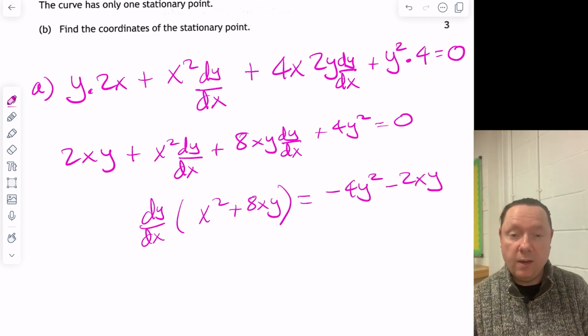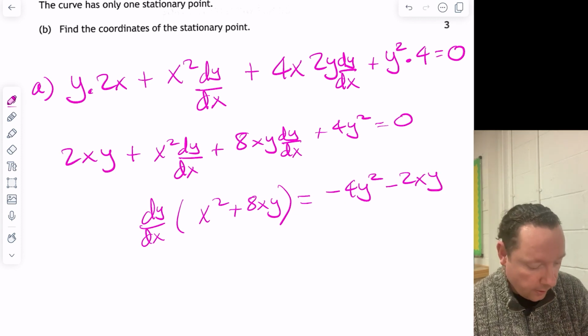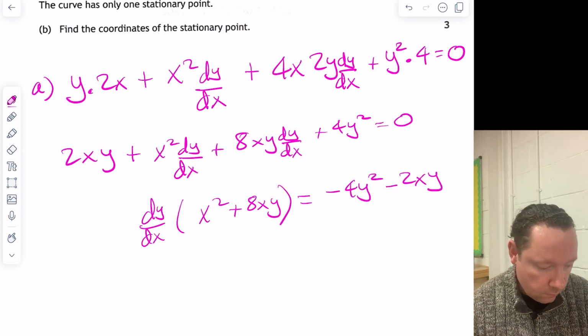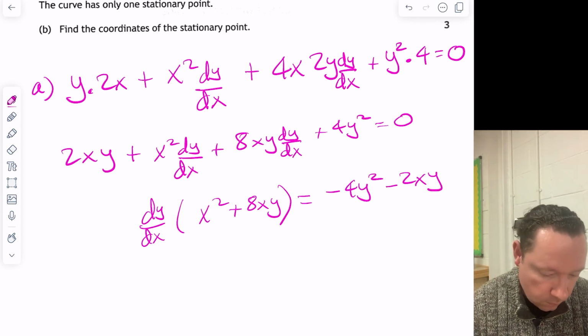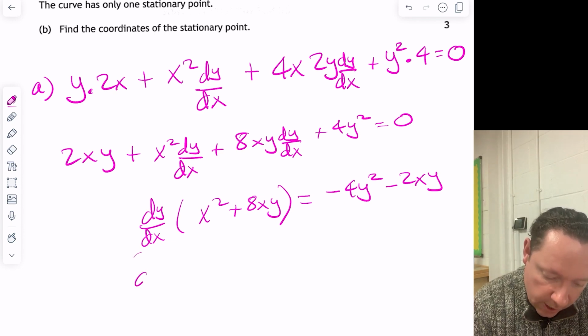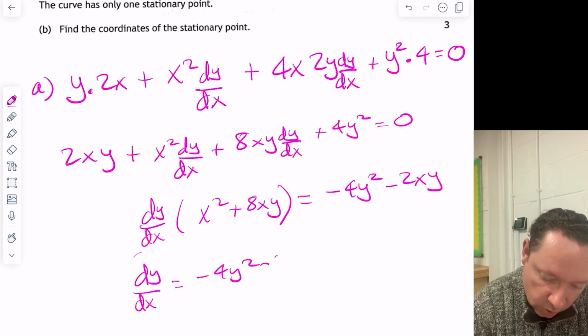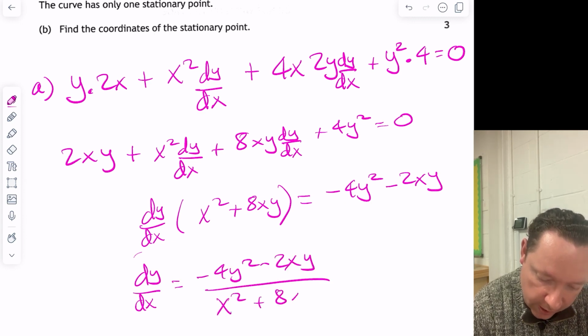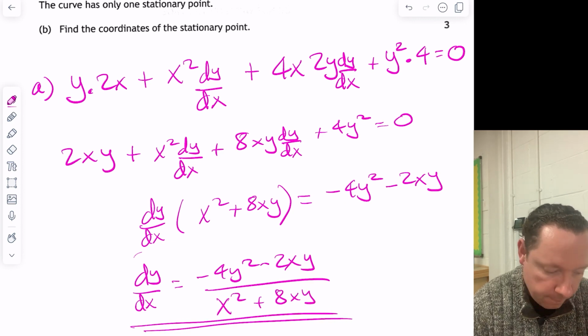And then we can just divide by whatever dy by dx is times by. So that means that dy by dx is minus 4y squared minus 2xy all over x squared plus 8xy. And we're done there.